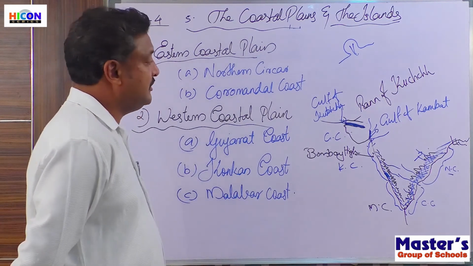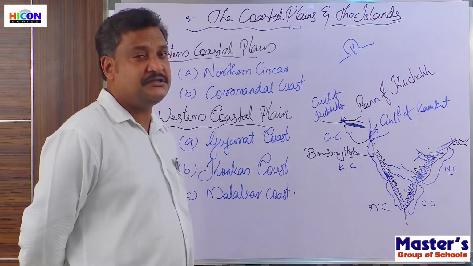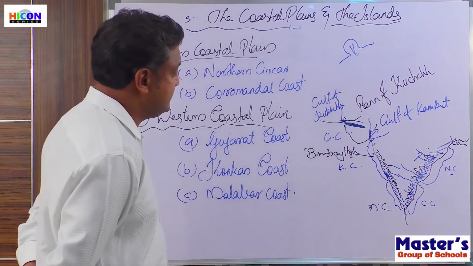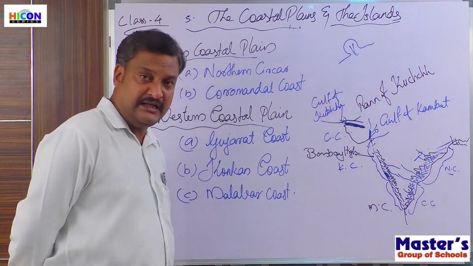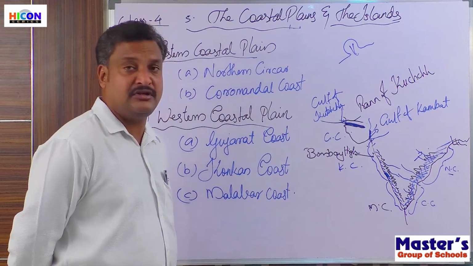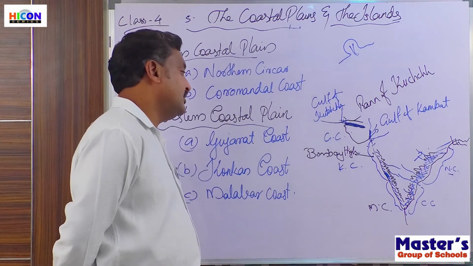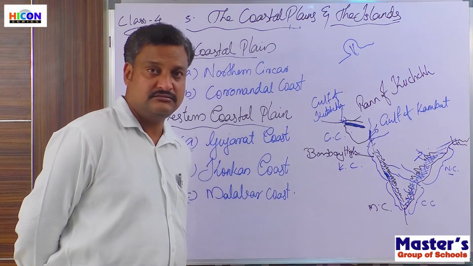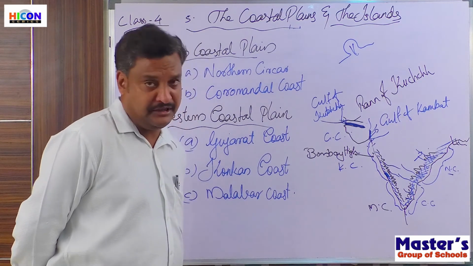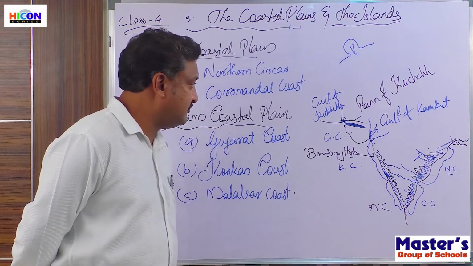Northern Circars are the northernmost part of the Eastern Coastal Plain, which starts just at the edge of the Sundarban Delta and extends up to the Krishna River, or up to Machilipatnam. Then the Coromandel Coast is from Machilipatnam to Kanyakumari. The Western Coastal Plain is actually divided into three.